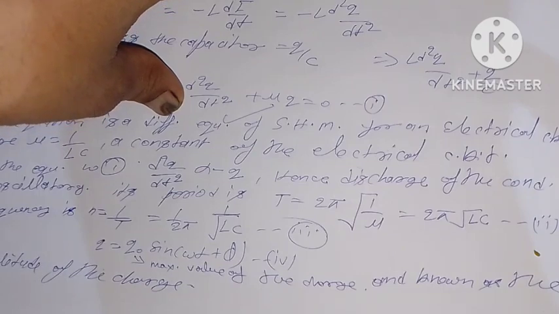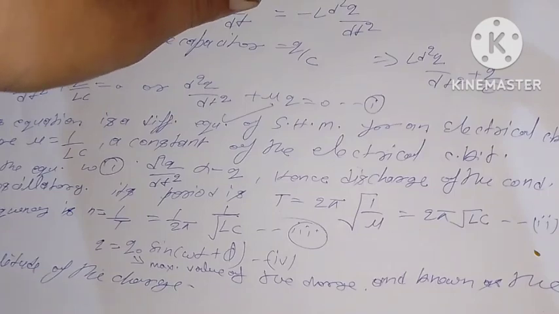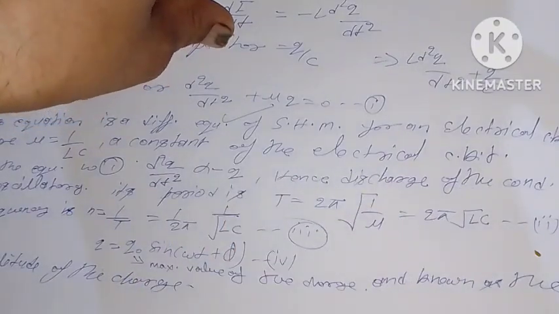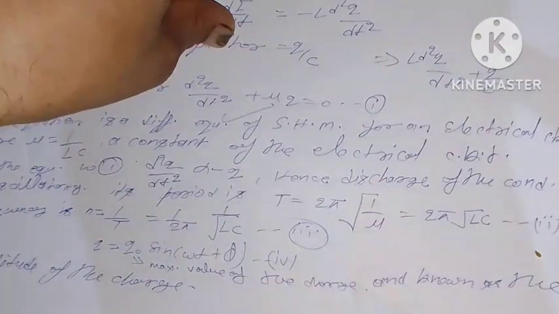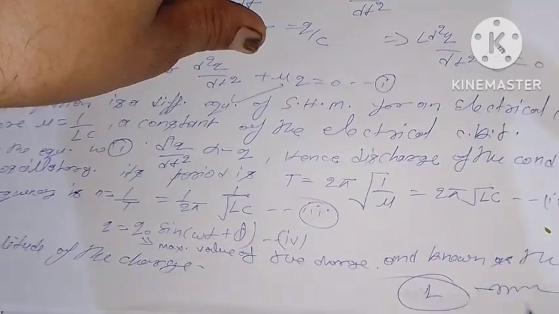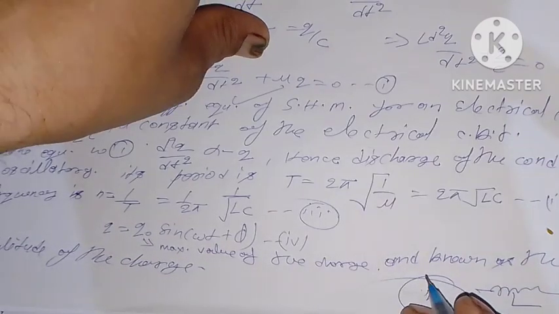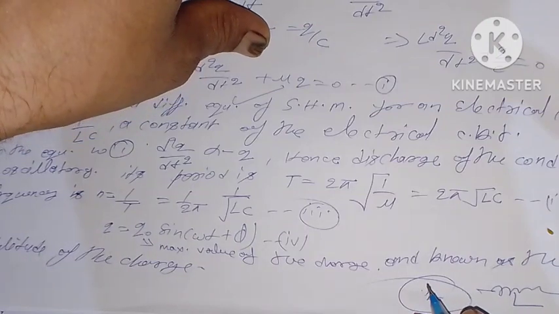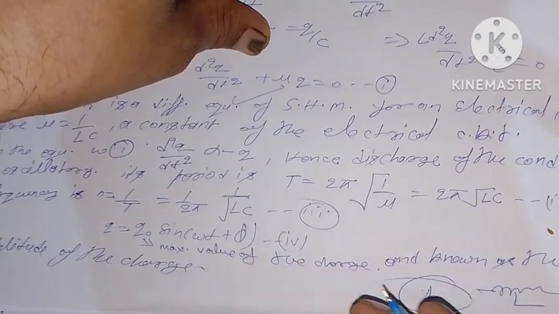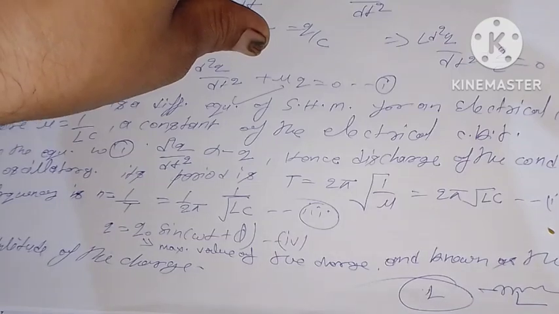Electrical oscillator in practice: the inductance L always has some ohmic resistance, due to which there is a continuous loss of energy and the amplitude of simple harmonic motion slowly dies down to zero.